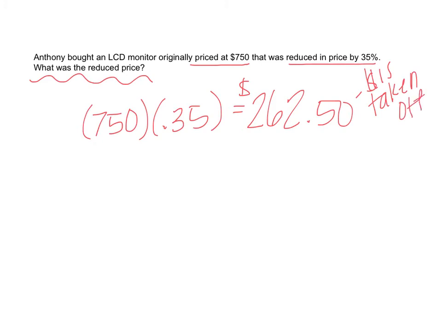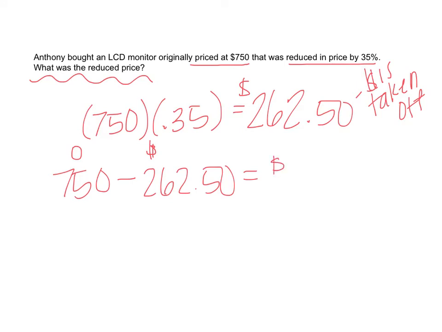So all we have to do is take our original price of $750 and subtract our money saved, which is $262.50. Subtract those two, that's your decrease, and you get $487.50.